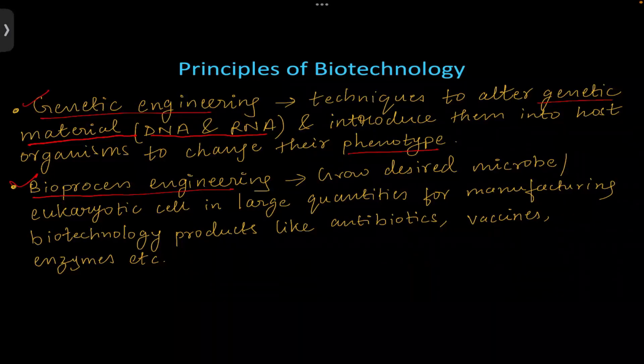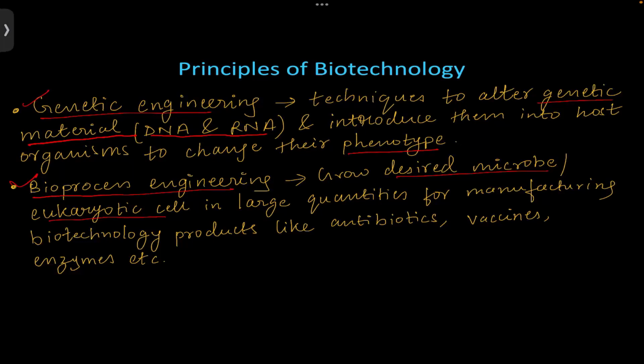Now there is another subfield called bioprocess engineering. Here, people grow the desired microbe or eukaryotic cells like mammalian cells, plant cells, animal cells, etc., and that too in very large quantities. Why?